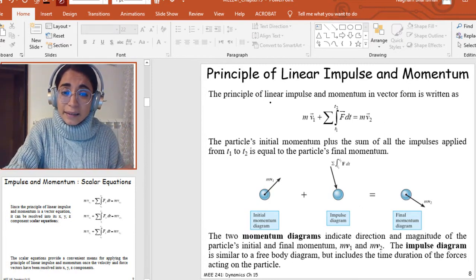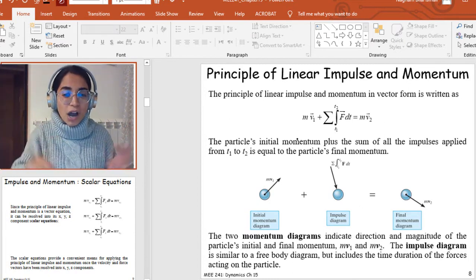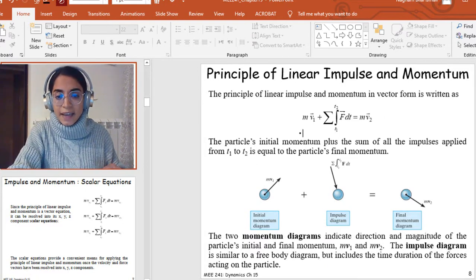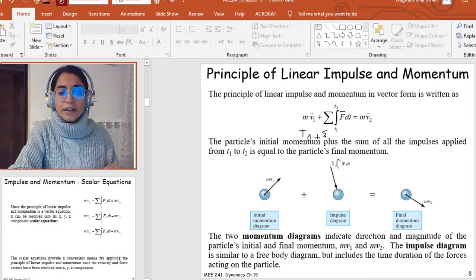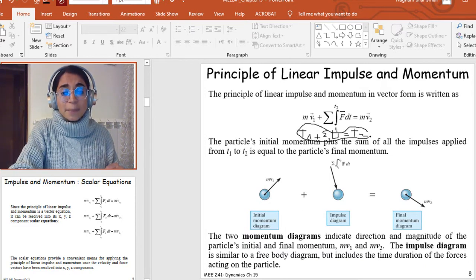And this reminds me of the equation of kinetic energy, T1 plus the sum of work is equal to T2. So it's very similar to this equation, except that this is a scalar, while this is a vector equation.